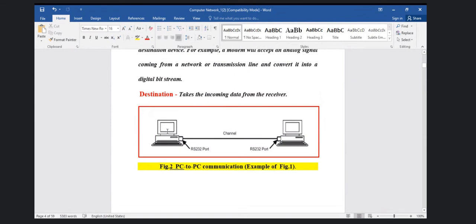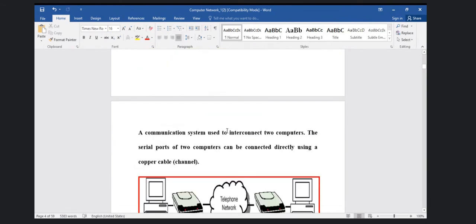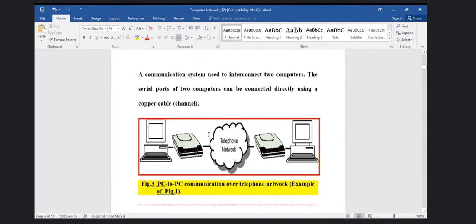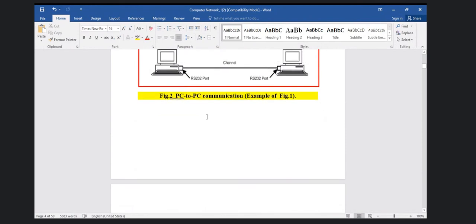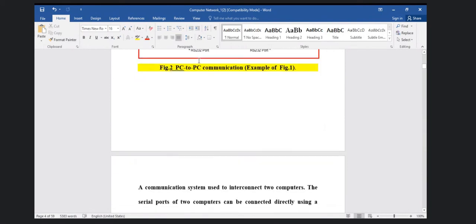We are sending information from one computer to another through the RS-232 link, and this RS-232 link acts as a guided communication medium. Now, when we send through a telephone network, it will be unguided. And here we can send a digital signal, which is the PCM data or message signal I have just shown to you.